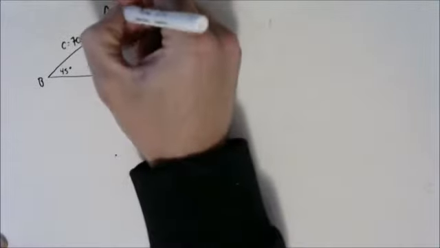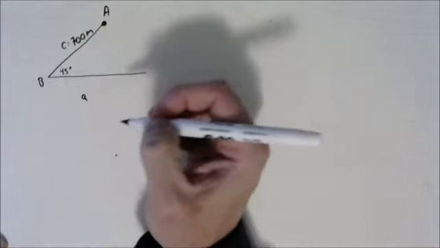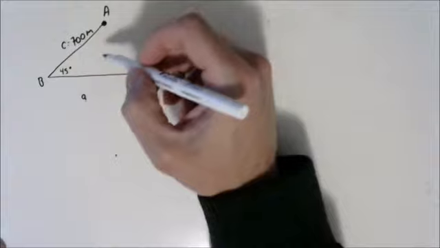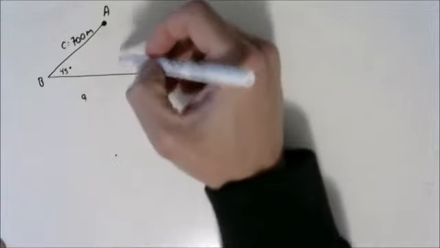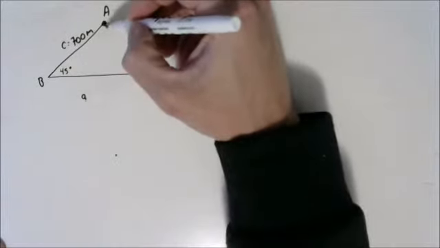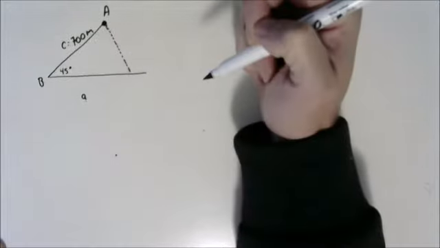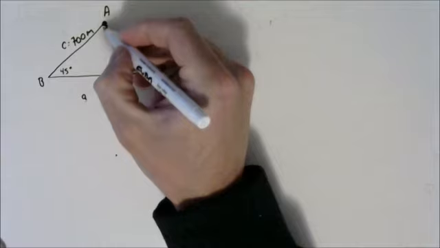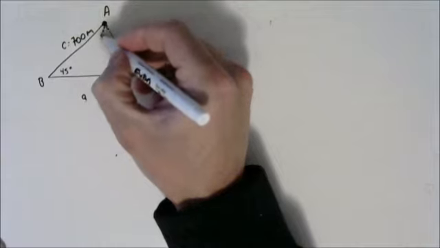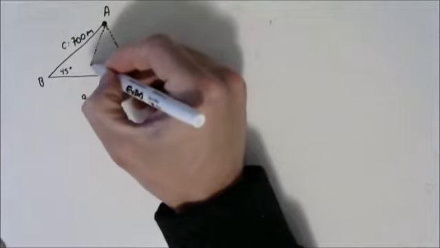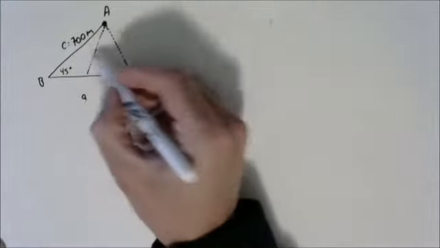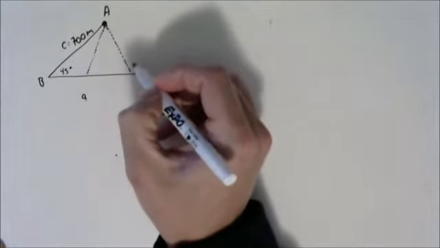That's point A, which makes this side a, which I don't know. But now look at what I can do with side length b. 600 meters I could draw here, or I could draw here. In both cases, this line is 600 meters.